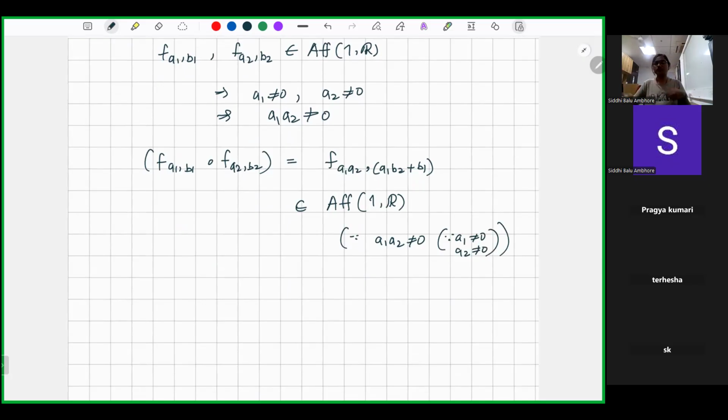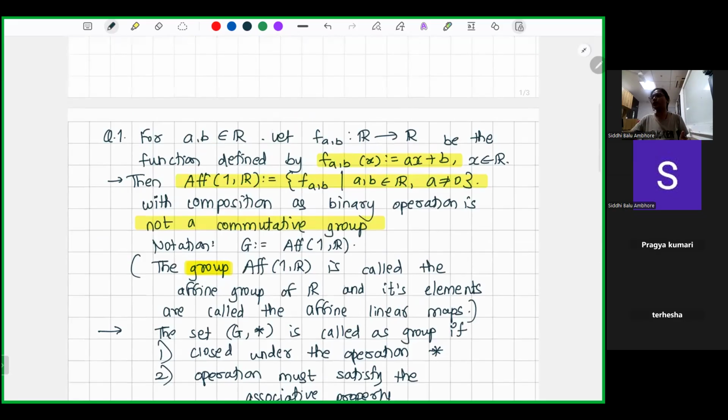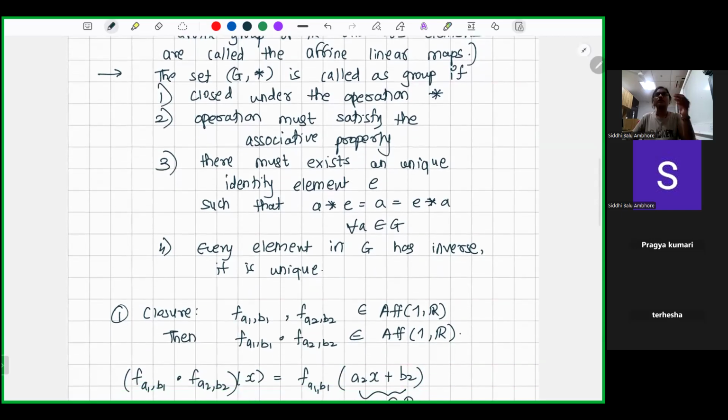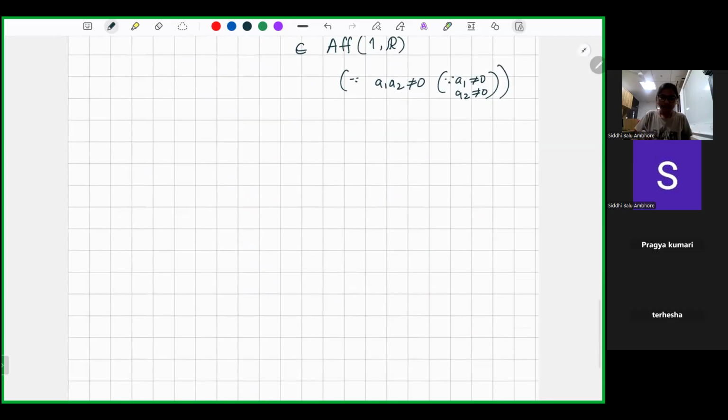So yes, this composition on the affine group on R is a binary operation. It satisfies the closure property. And now second is associativity. We have to check the associativity of this.